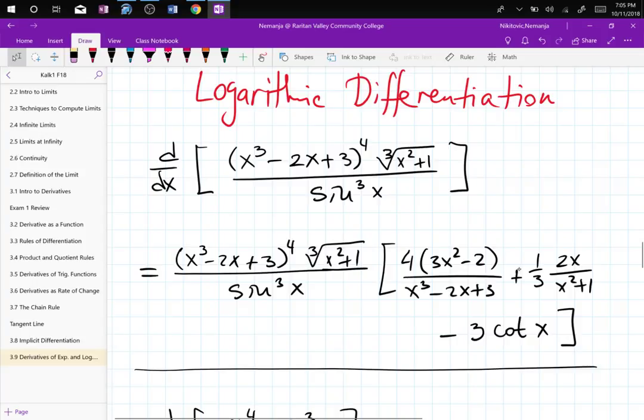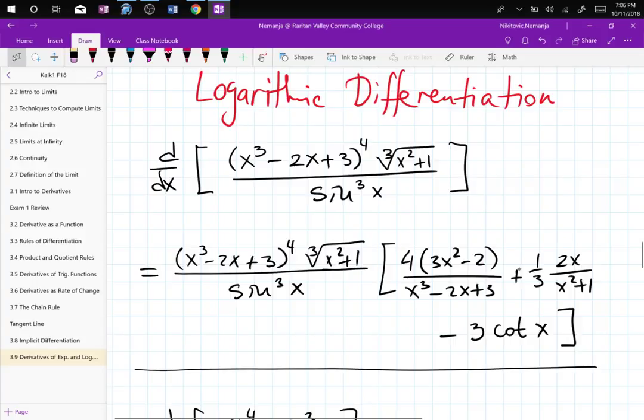It's insanely easy. If you practice this for a few hours, the only time you have to stop and think a little bit is if you run into e to the x, because e to the x messes up the pattern. But the pattern is always: copy the problem as is, times each one of the exponents become coefficients. The ones that are in the numerator are all positive, the ones in the denominator are always negative, and then put the function down, its derivative on top.